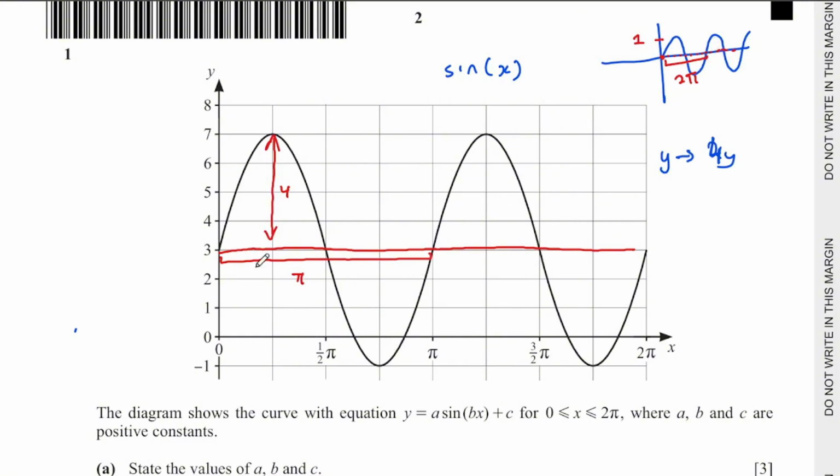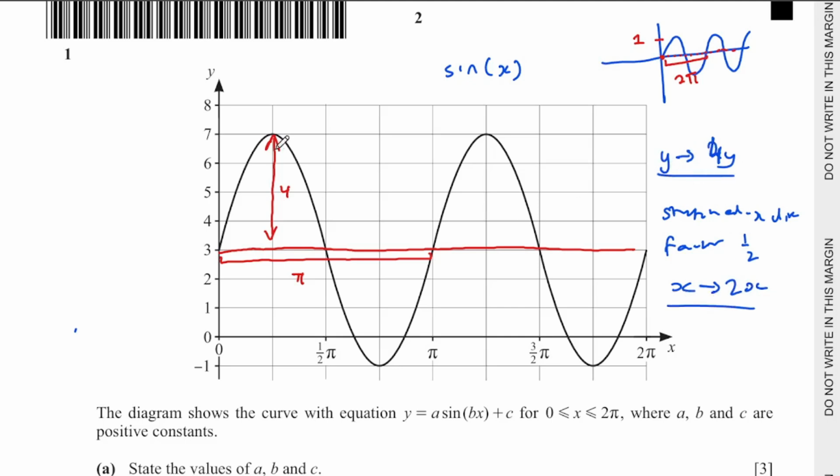From 2 pi it becomes pi, so it has been stretched in the x direction by a factor of half. But we know that when you're looking at curves or any functions, the x transformations are inversed, so x becomes the reciprocal times x, so this becomes 2x, right?